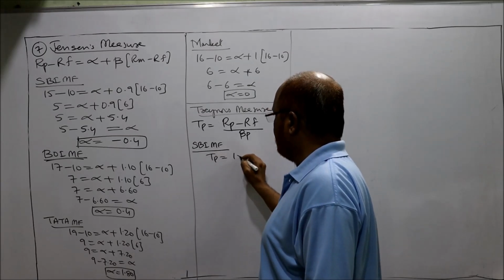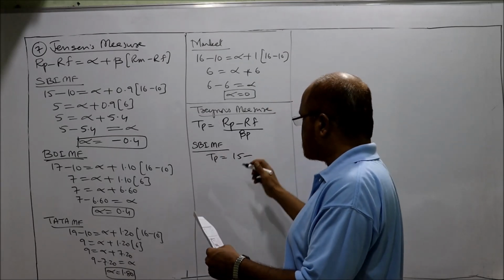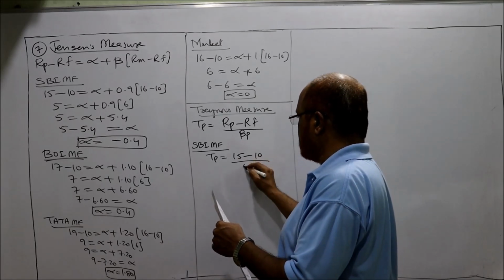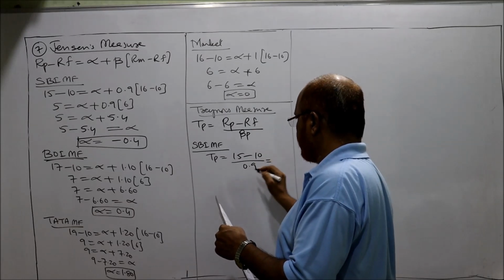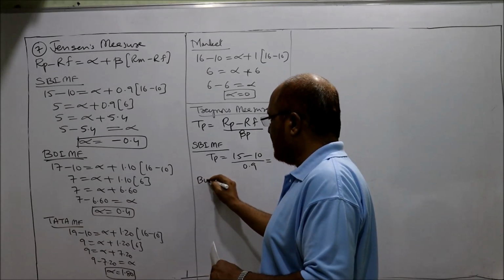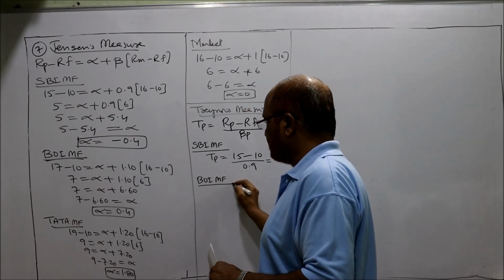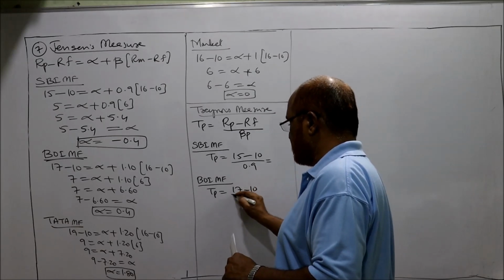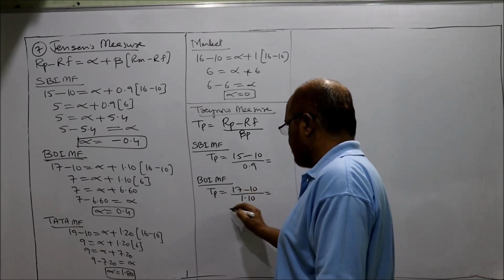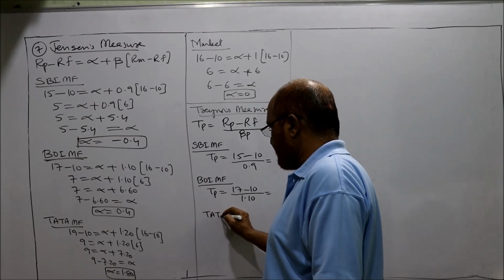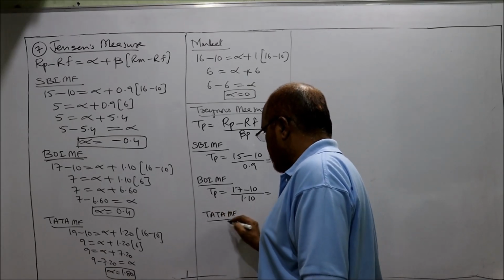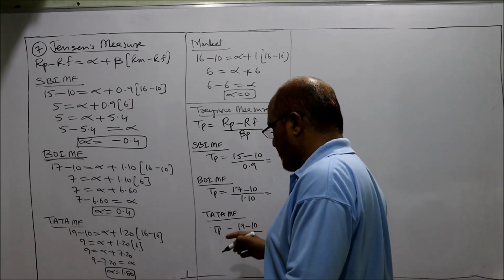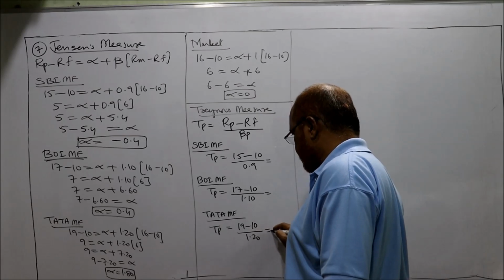TP is equal to 15 minus risk-free rate 10% divided by beta. Beta of SBI is 0.9. Similarly, BOI. TP is equal to, the return is 17, 17 minus 10 divided by 1.10. Then Tata mutual fund. TP is equal to, the return is 19% minus 10 divided by beta 1.20.